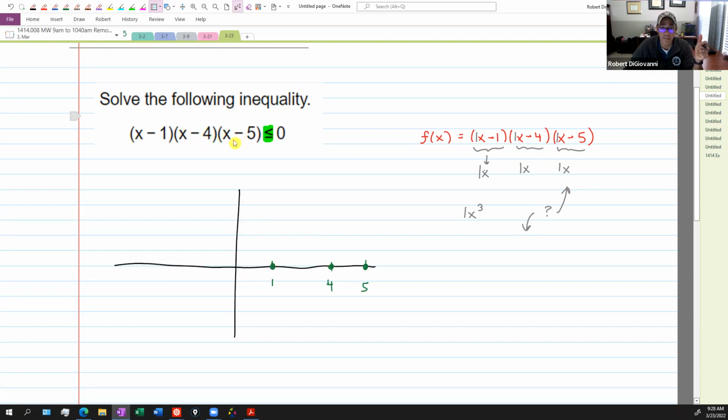Y'all good with that? Those are x-intercepts. Now, am I bouncing or crossing at each of these? Cross at all of them, right? Because they all have an odd power. So I'm going to cross everywhere. And I also know the left side goes down, the right side goes up. I know that from this. So that means I'm going to cross through, cross through, cross through, like that.